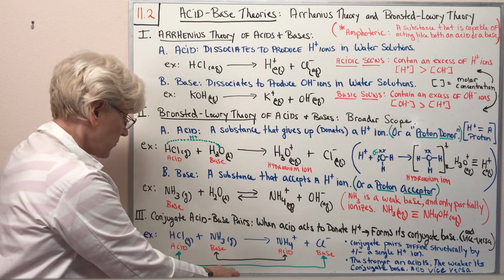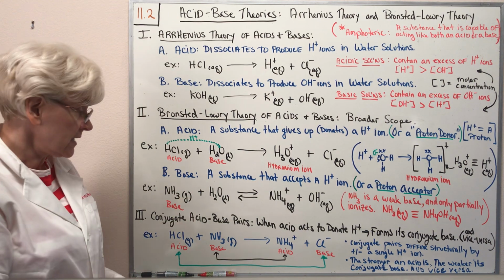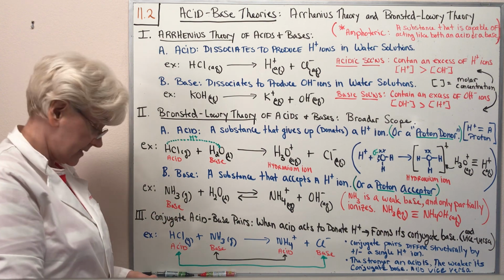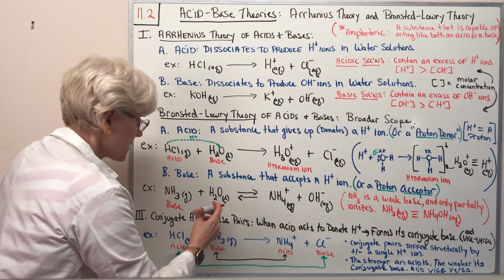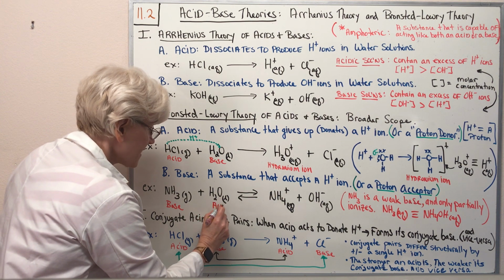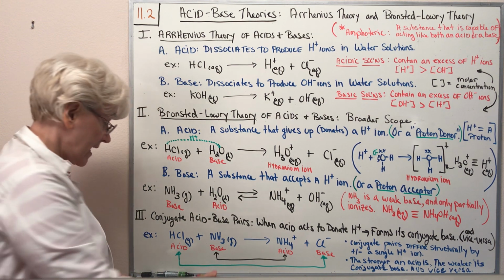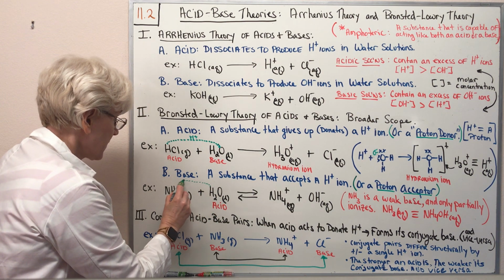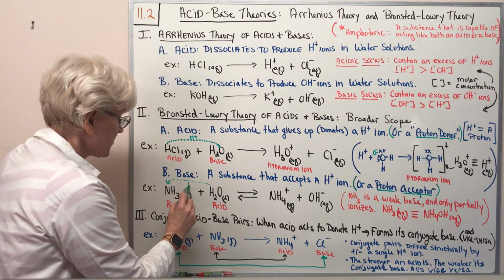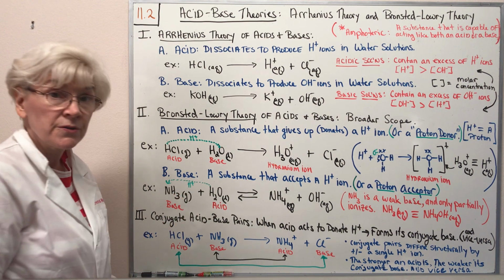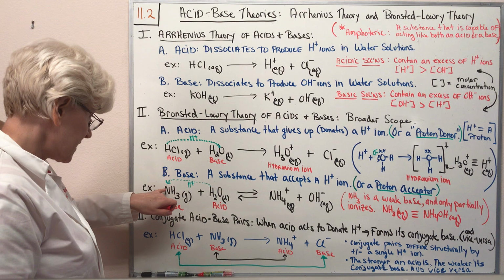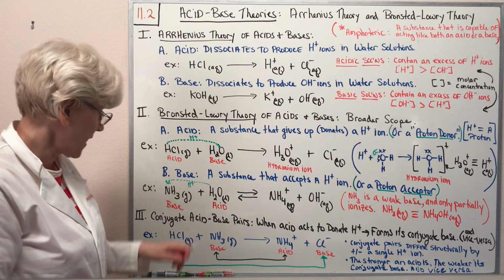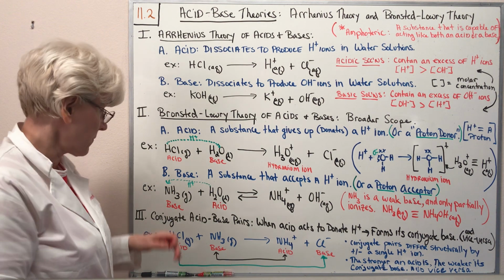But if you take ammonia and dissolve it into water, this time ammonia is acting as the Bronsted base and water is acting as the Bronsted acid, meaning that water is giving up or donating a hydrogen ion to ammonia, specifically attracting to that lone electron pair on the nitrogen atom of ammonia.